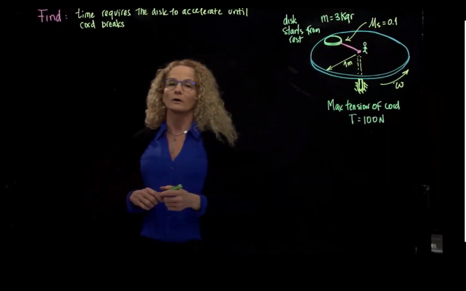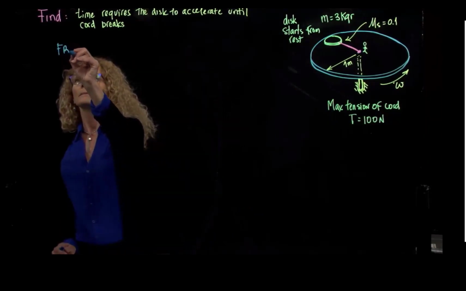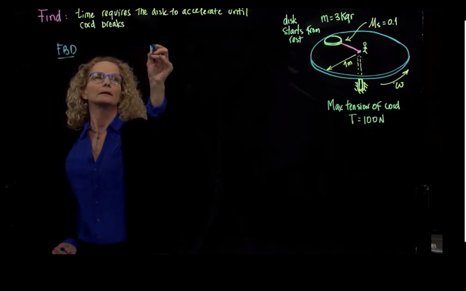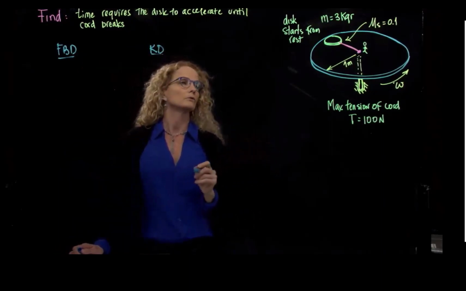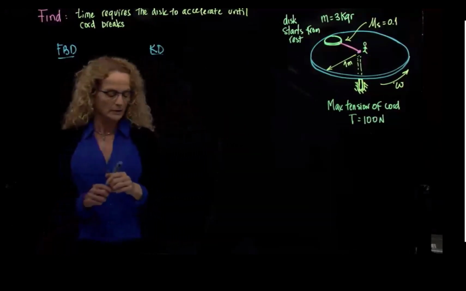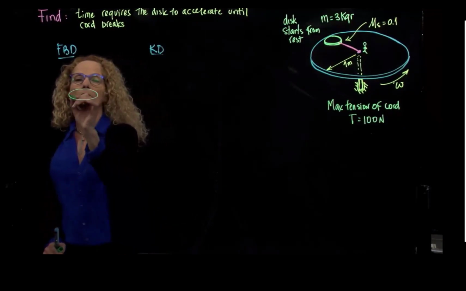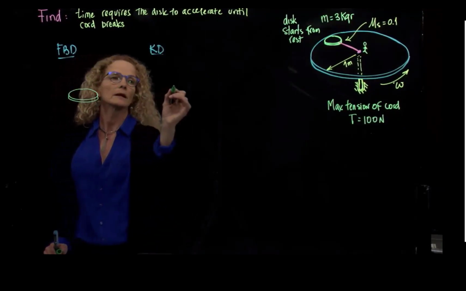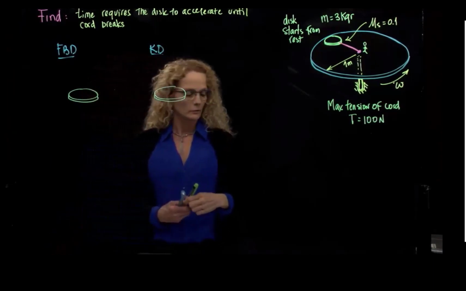We always start our solution by doing the free body diagram and the kinetic diagram. We know these two. We will make them equal to do our equations of motion. So we do our disk, right? And first of all, in order to do our free body diagram and our kinetic diagram, we want to select which type of coordinates we will use.